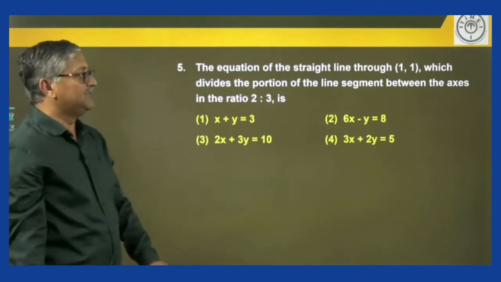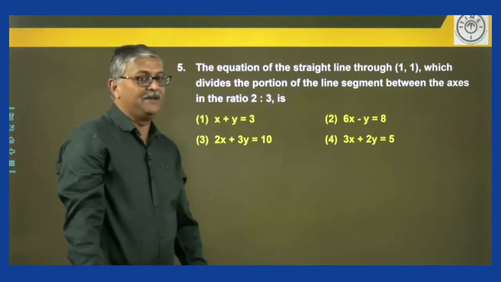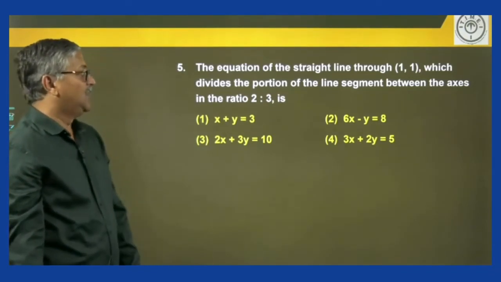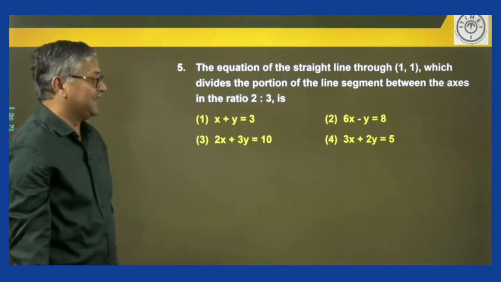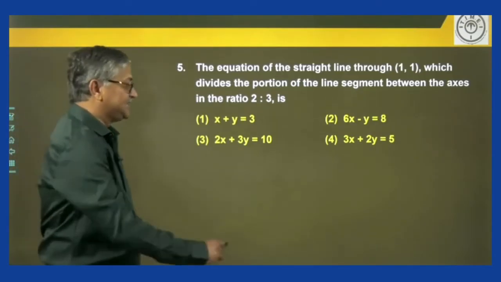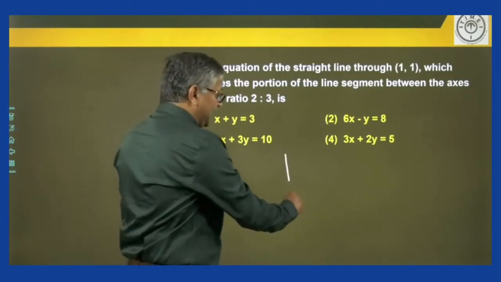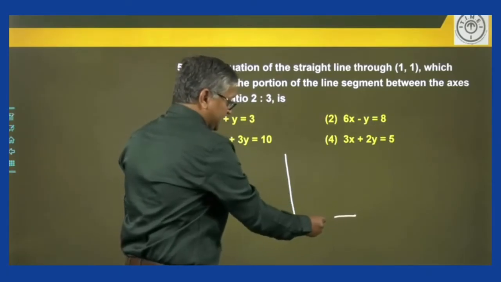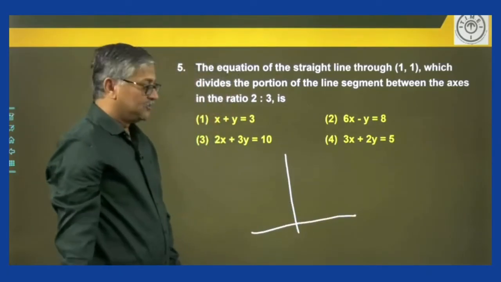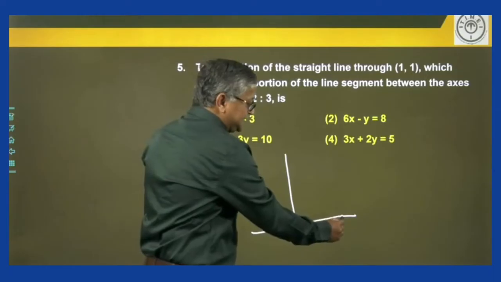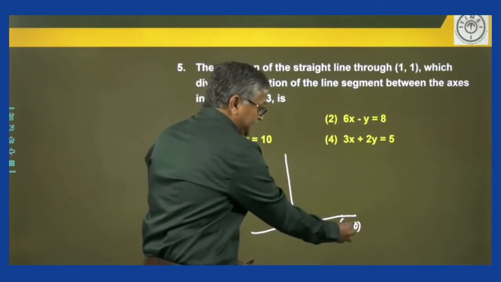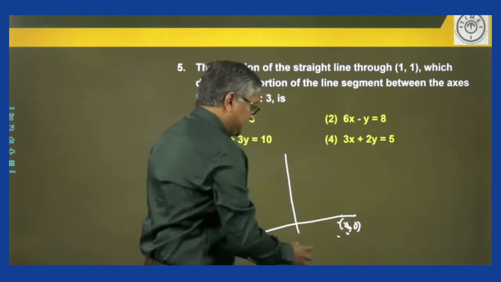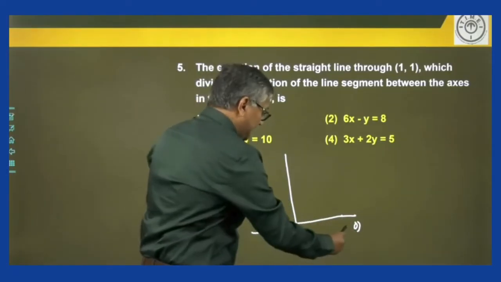Now, in this one we have to find the equation of the line passing through 1, 1, which divides the portion of the line segment between the axes. Between the axes clearly means the x-axis and y-axis. Where it cuts the x-axis, its y-coordinate is 0 and its x-coordinate is taken as a, so the point is a comma 0.